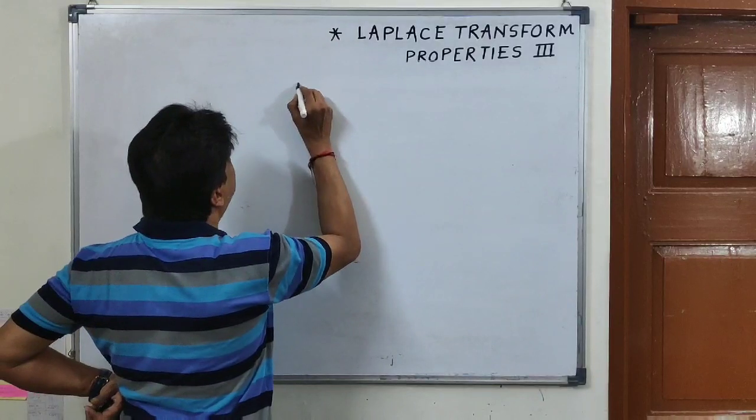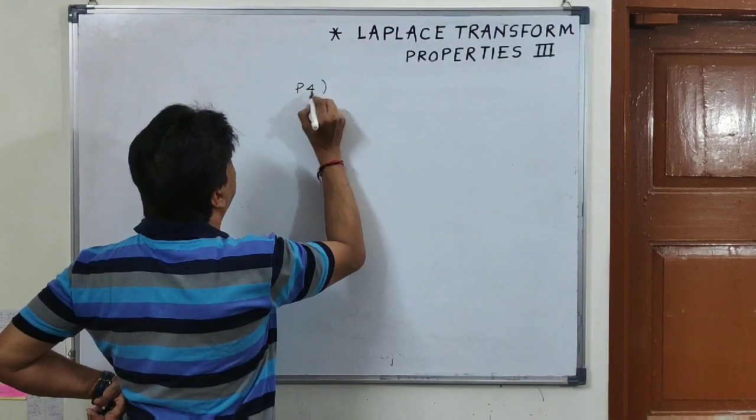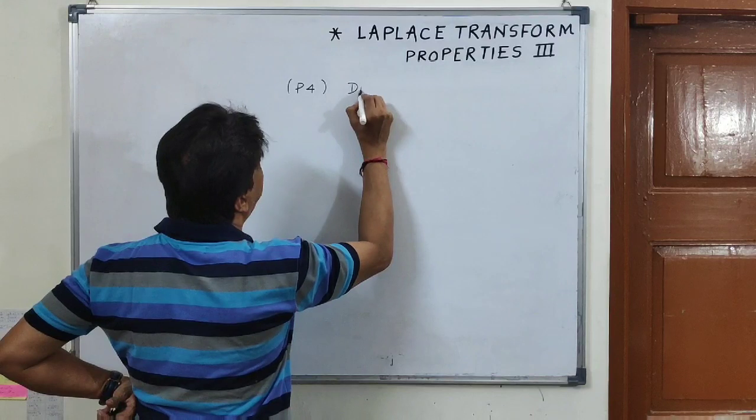One more important property, which is called the division by t property.